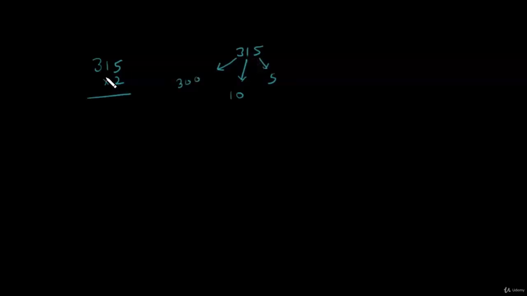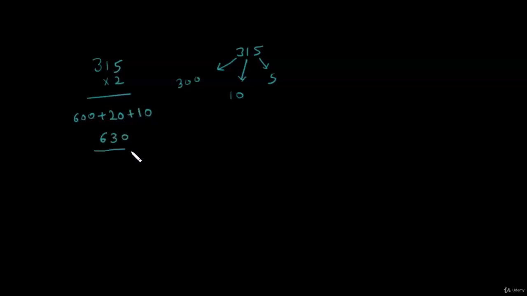Now here 2 is multiplied by 3, but this is not 3, this is 300. 2 multiplied by 300 is 600. We will keep this 600 in our brain. Then 2 multiplied by 1, but this is not 1, this is 10. The place value of 1 is 10. So 2 multiplied by 10 is 20. And again we will multiply 2 by 5, this gives us 10. So 600 plus 20 is 620, plus 10 is 630.